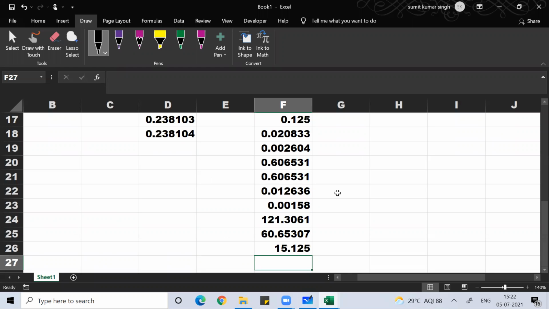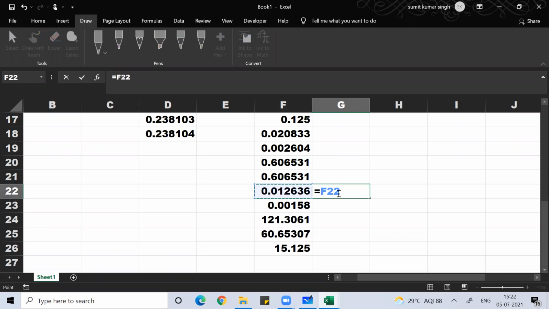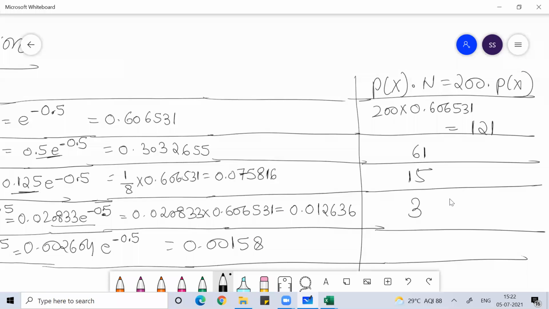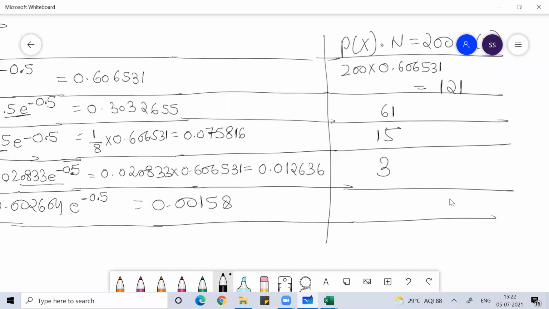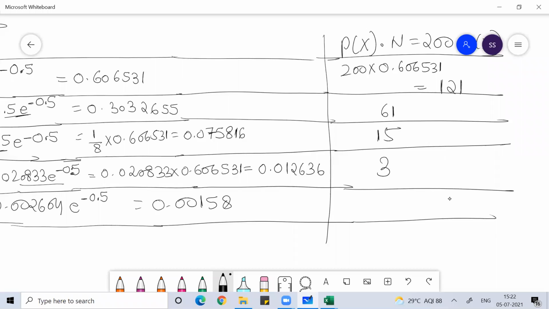And then 0.012636 into 200 is approximately 3. And then this into 200 is 0.31, approximately 0. The total, if you do the total of this, you'll get around 200.